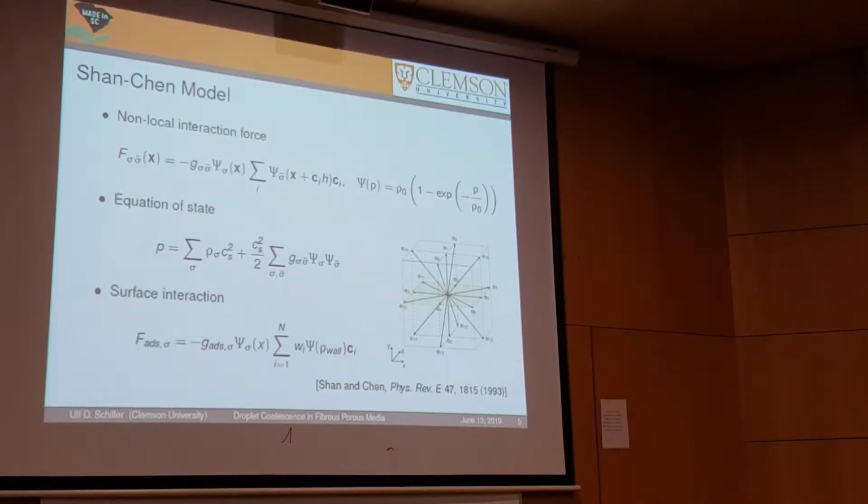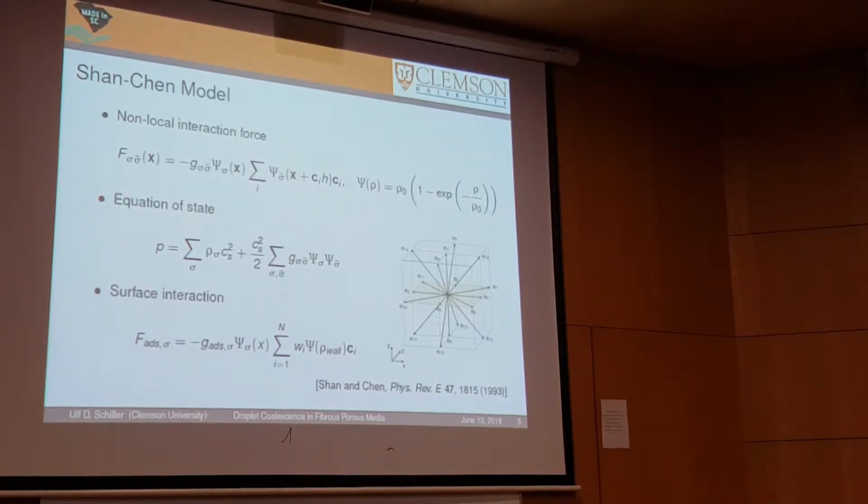And now we have two of those, sigma and sigma bar if you want, and those interact with some force. So that's a very simple micro model for a multiphase fluid. And depending on what interaction parameters you choose here, the G, you can create a non-ideal equation of state. Right? So this is the macro equation of state in that sense.